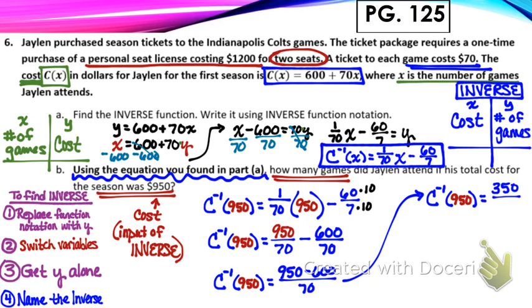Yep, 350 over 70. I can divide them both by 10 for sure, right? But since we know 7 and 35 are multiples, what'd you say? 5, yes. Because I would have 35 over 7, and so we get 5. 5 what? The output of the inverse function tells me what? Number of games. So this would be 5 games.